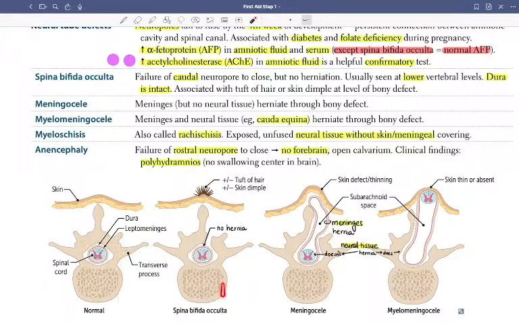Now see spina bifida occulta: everything is like normal. There is no hernia. The only thing is there's a tuft of skin or dimpling present, and the dura mater is intact.